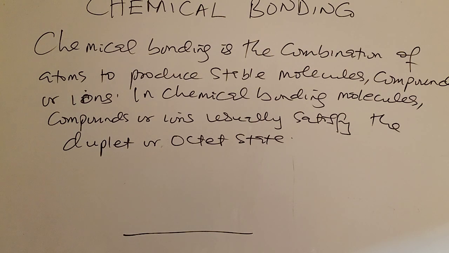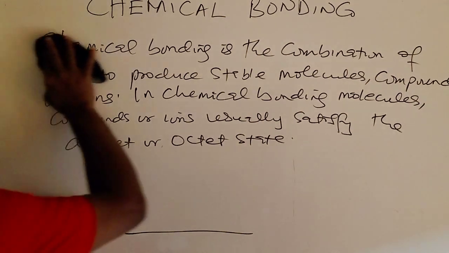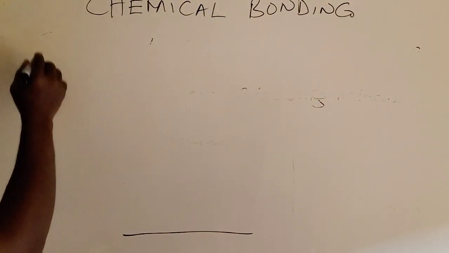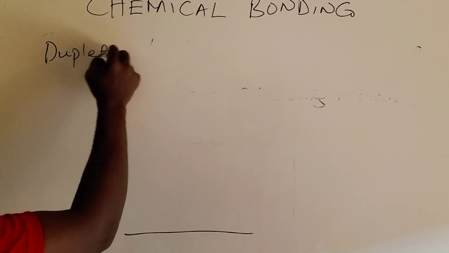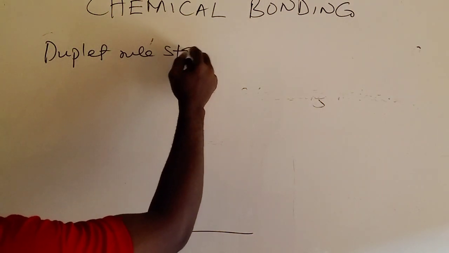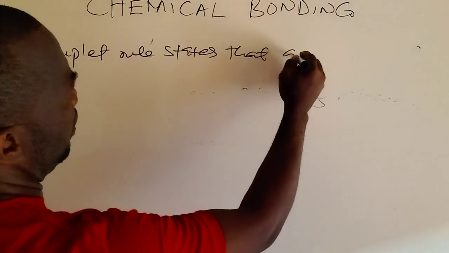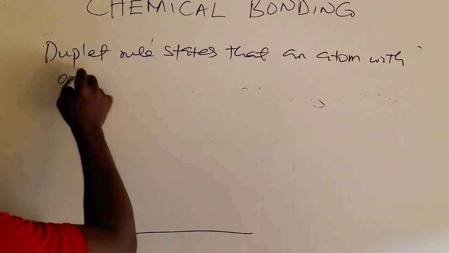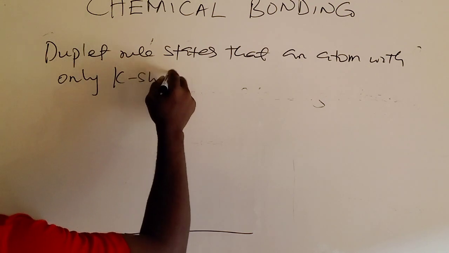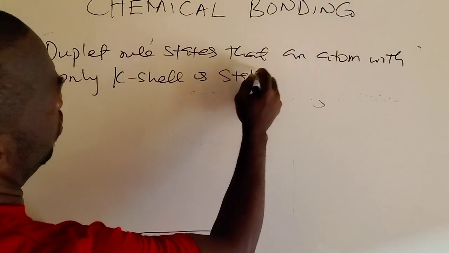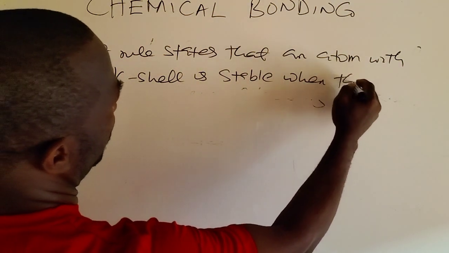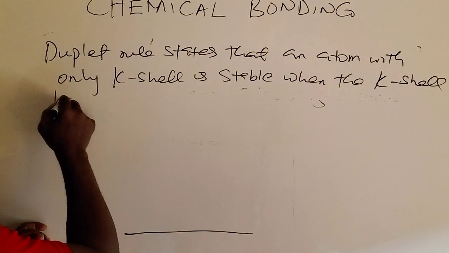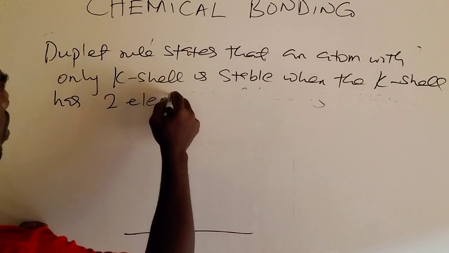Then what is the duplet rule all about? The duplet rule specifies or states that an atom with only K shell is stable when the K shell has 2 electrons.